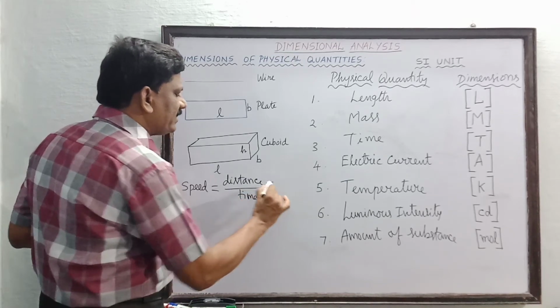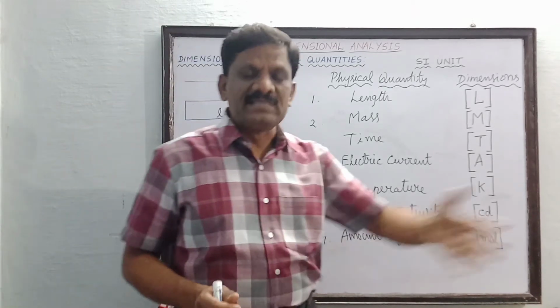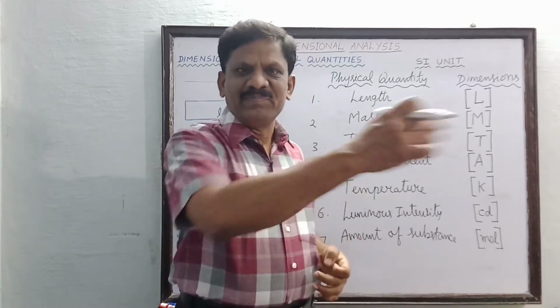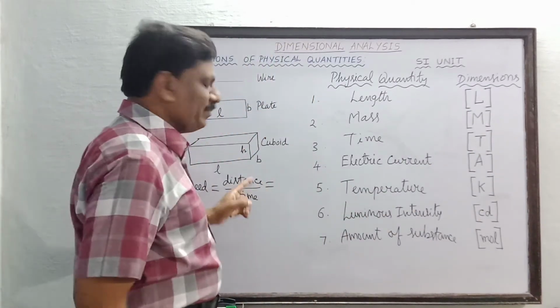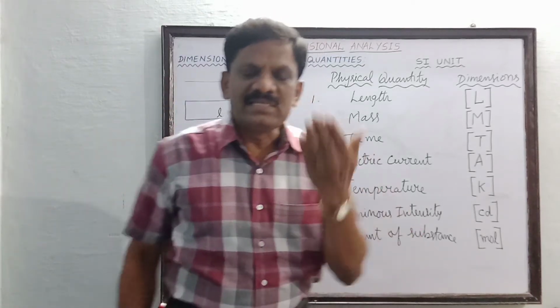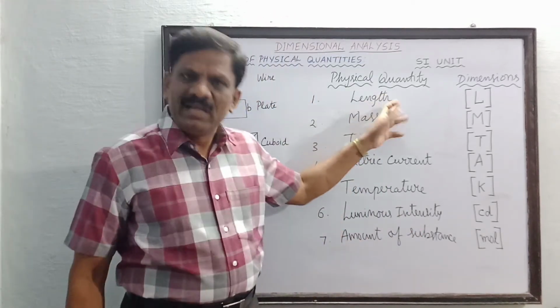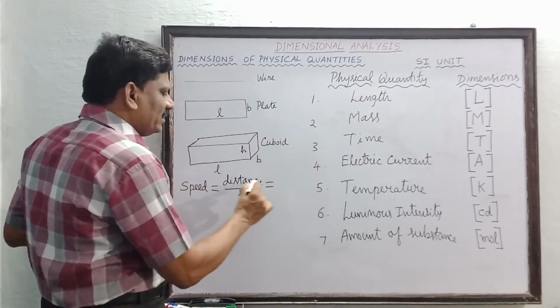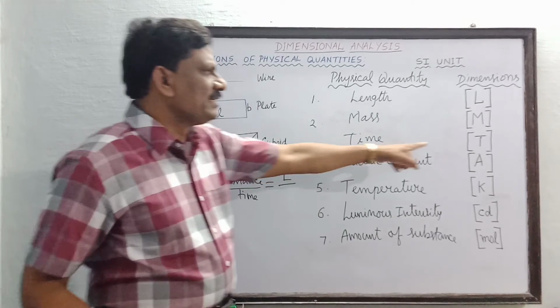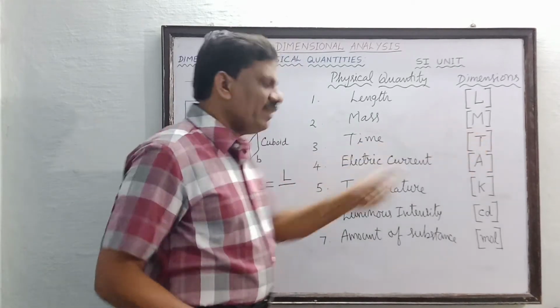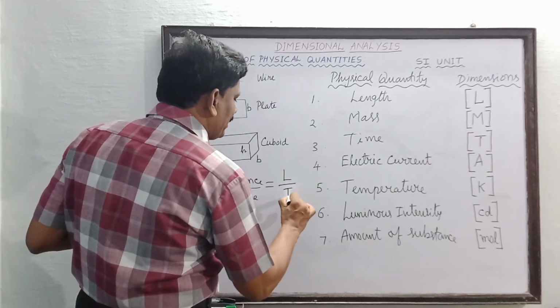And how will you define distance? It is the actual length of the path. So the dimension for distance is the dimension of length only. So I will write distance as capital L divided by time, which has a dimension of T. So this is L divided by T.